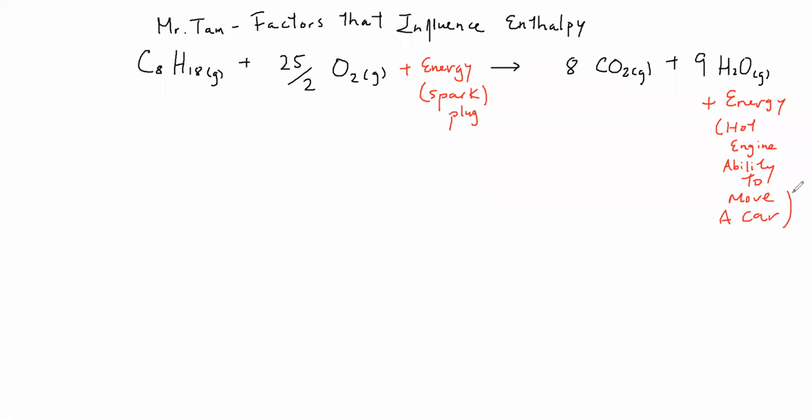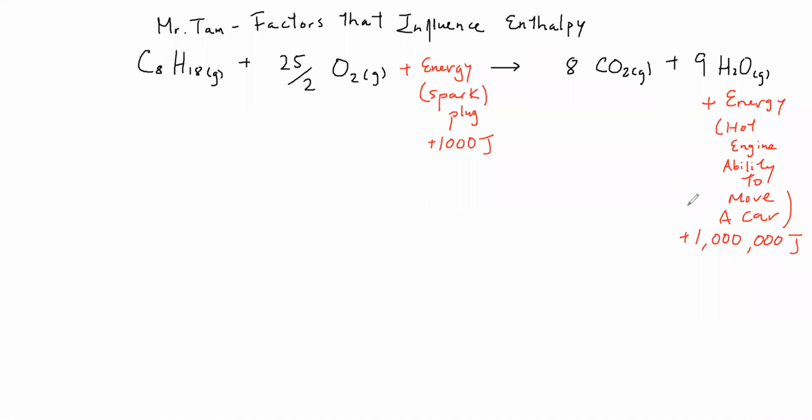Now, that being said, we can assign some kind of comparative value from the energy on the left to the amount of energy on the right. So the amount of energy on the left, let's say you're looking at 1,000 joules. Pretty typical of a spark plug. But if you compare that to the amount of energy released on the other side, you're looking at somewhere in the million range of joules, for example.